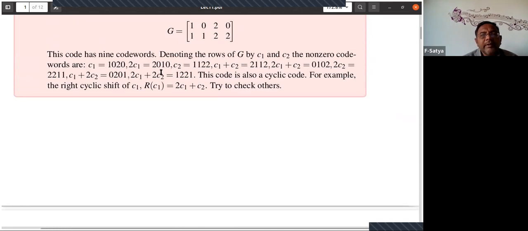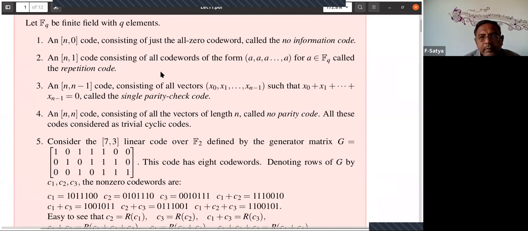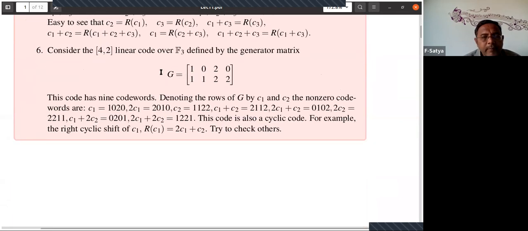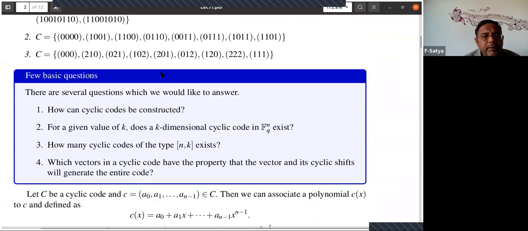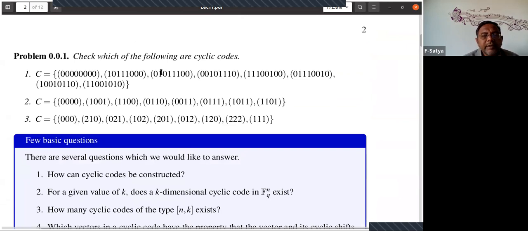I asked you to check this one also, a cyclic code. Any question, Amya? Is the cyclic code definition clear? No, Amya? Okay. So I asked you to check whether these are cyclic codes or not, correct?